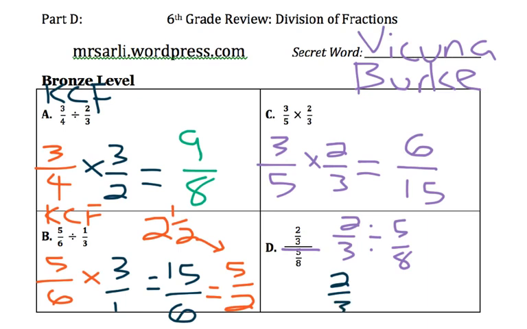Keep 2/3, change division into multiplication, and flip 5/8 so that it's 8/5. Then from there, you can do 2 times 8 is 16, 3 times 5 is 15, and that's the same as 1 whole and 1/15.